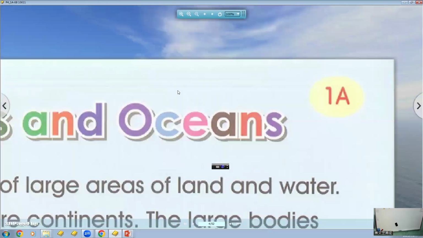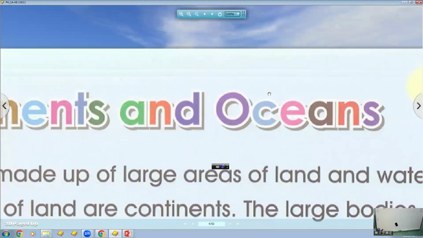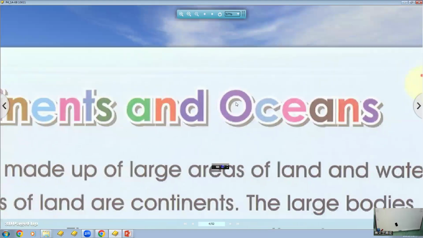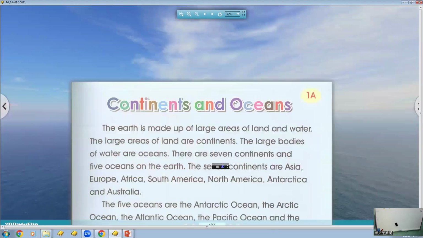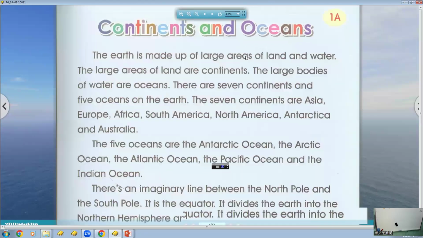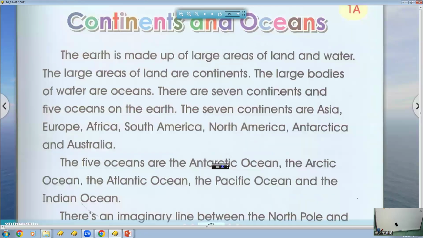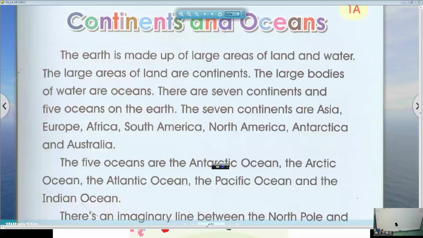We will be reading. SB, page 1. So what is the title of our reading? What is it about? Continents and oceans.